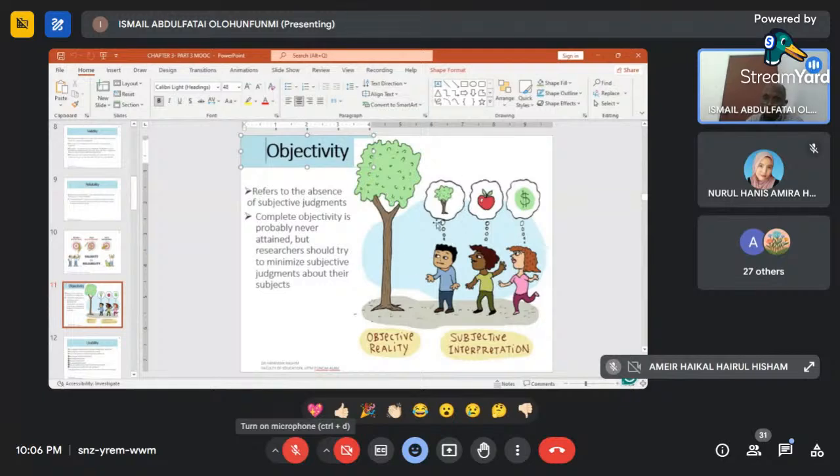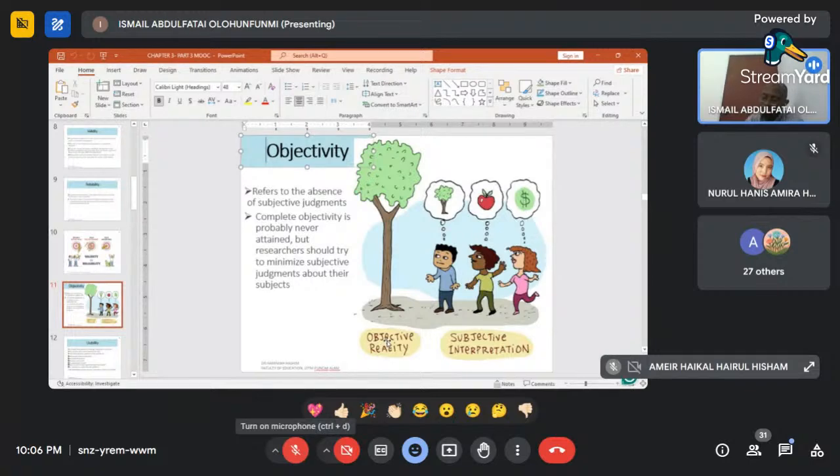People can interpret it in different ways, but the interpretation of human beings does not change the nature of that thing. Objectively, a tree is a tree. Human beings can call it anything, but their interpretation does not change it. That's why they call it objective reality.